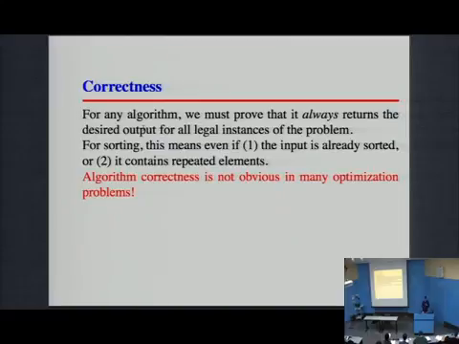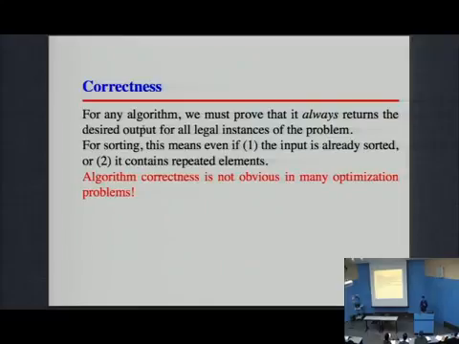That means it's always got to work on all possible legal inputs. More to the point, if a specification of a problem says, return me the solution with the lowest score, or the highest value, it's always got to return exactly the one with the highest value, or the lowest cost.